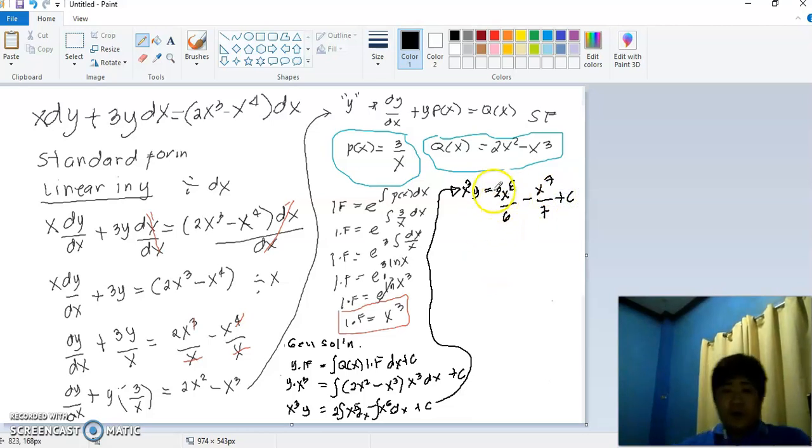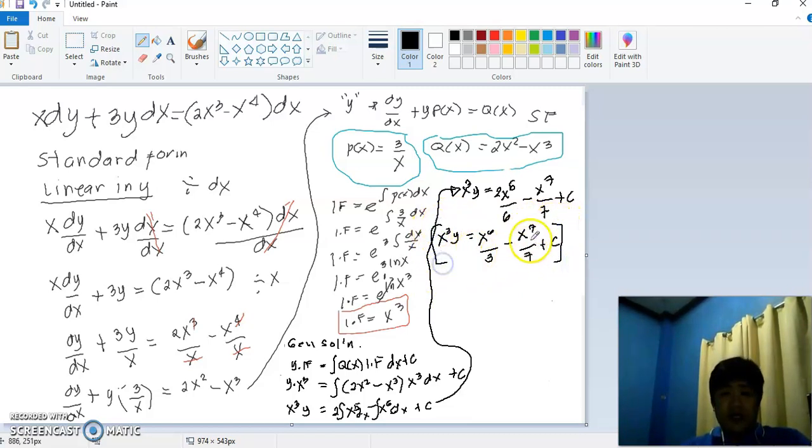We can simplify this further. x cubed y is equivalent to 2 divided by 6, that is 1/3, so x raised to the power of 6 over 3 minus x raised to the power of 7 over 7 plus c.